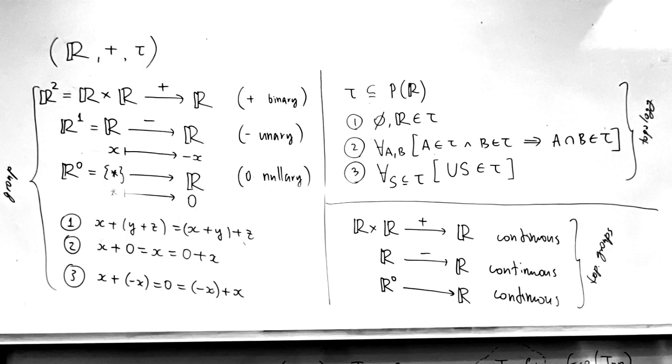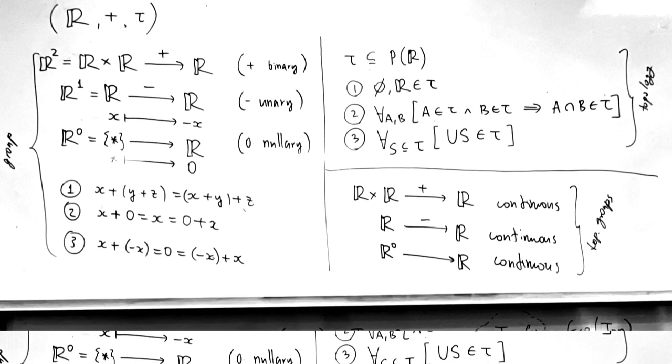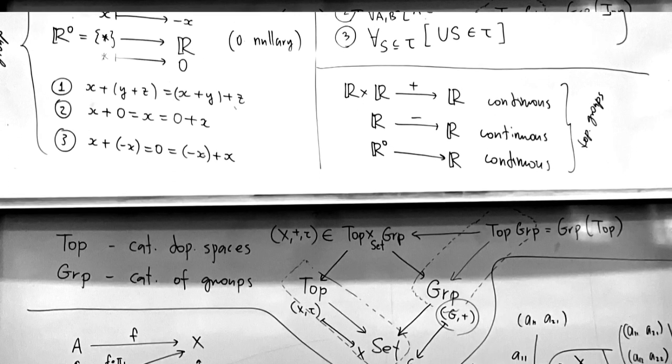Do you see any categories anywhere here on the board? I mean, we have the category of groups and topological spaces. Not on the board, but I mean. Yeah, so we have two categories that could be useful here. One is the category of topological spaces, and the other is the category of groups.